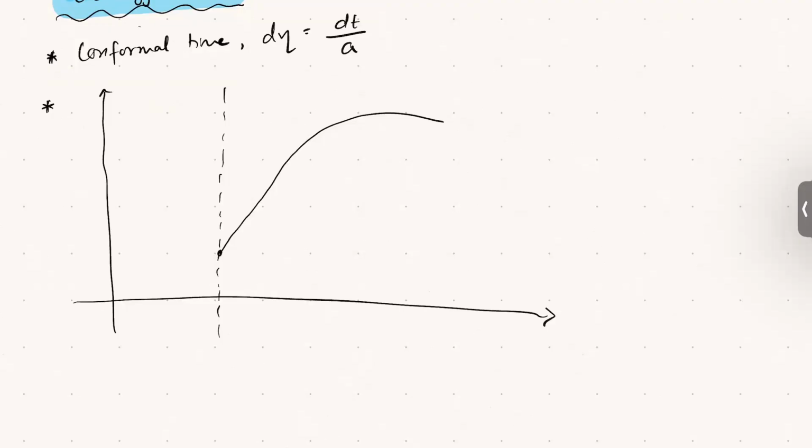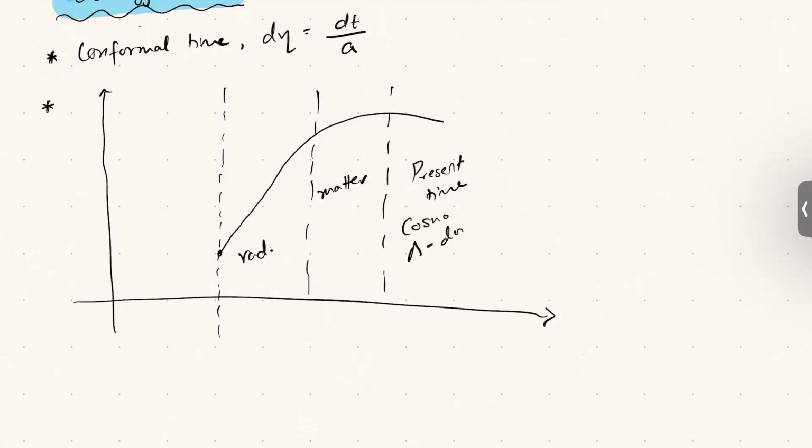Where's the highlighter? This particular part, right? So essentially we had a distinction between radiation domination, so I'll just write it as rad. Another distinction for matter domination, and this is where we are today in the cosmological constant era, or you can say cosmological constant dominated era.